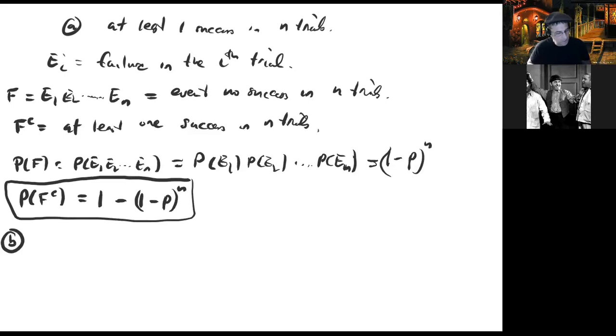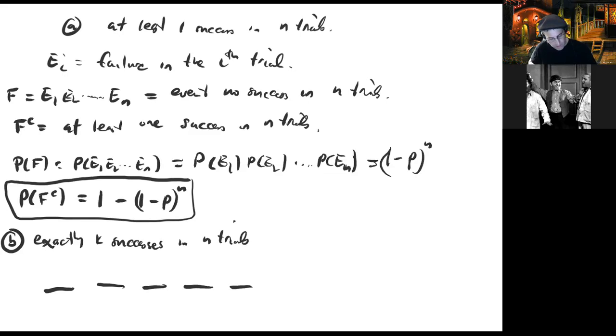So what is part B? Part B is exactly K successes in n trials. So here's how I think of it. I think of each trial as a slot, and this is experiment 1, this is experiment 2. You could either get success or failure, right?